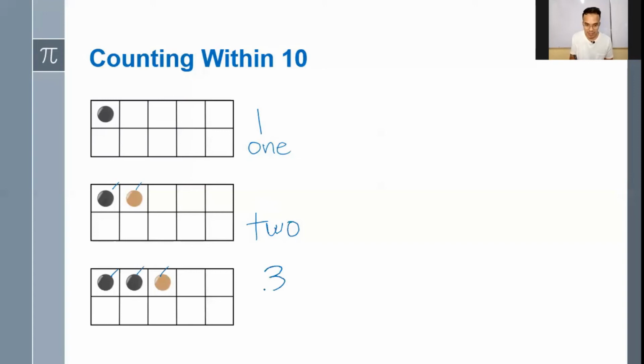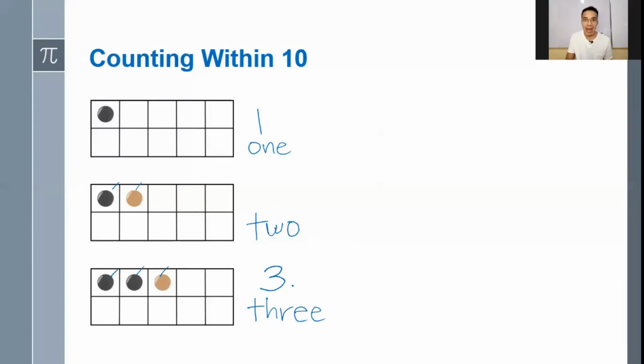And to spell out the word 3, you have to start with letter T, followed by H, then you have letter R, E, and another E. This is 3. 3 counters, 3 objects, 3 apples, 3 bananas, and so on.